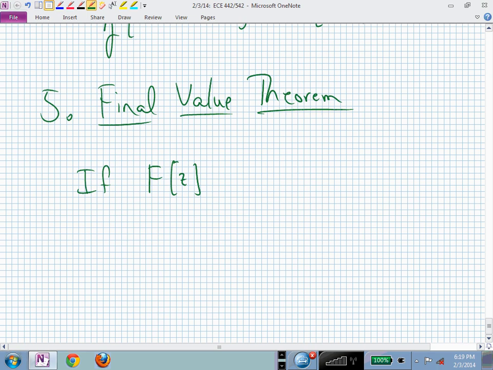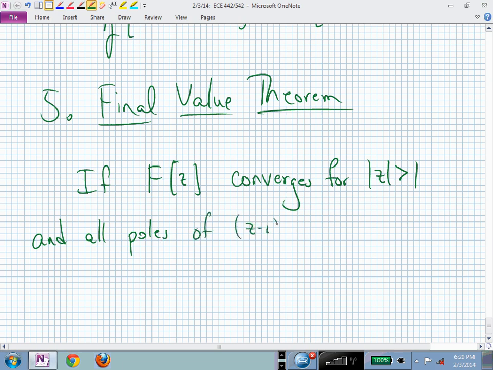So here, if capital F of z converges for z greater than 1, and all poles of a factor z minus 1 scaling F of z are inside the unit circle.